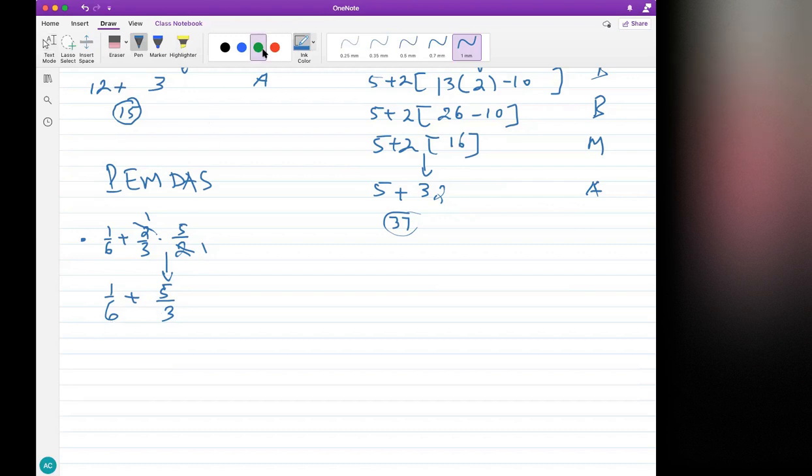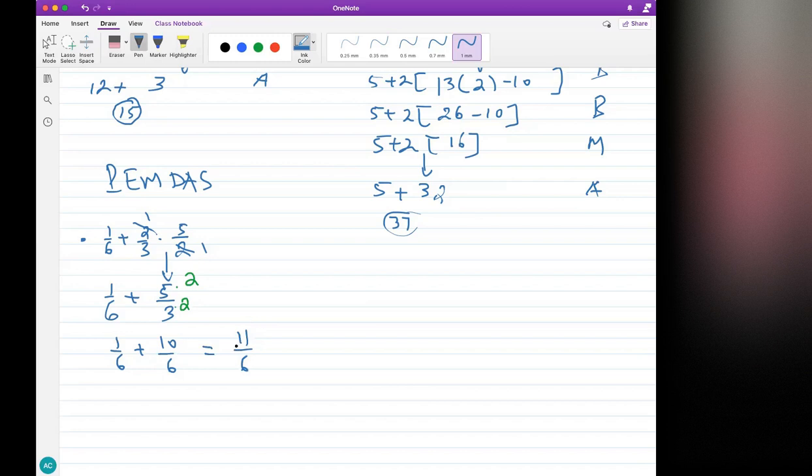So what's the common denominator here? 6 and 3. 6, right? So we have 6 here. We need to turn this one into 6 by multiplying by 2 on top and bottom. And of course, that's 1/6 plus 10 over 6, which is basically, add these two, 11 over 6.